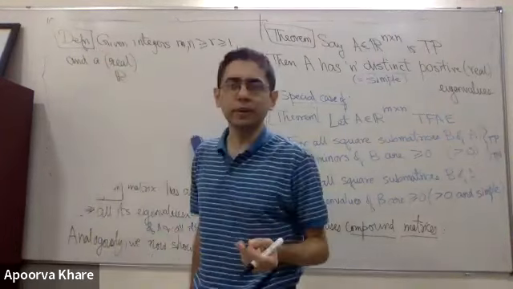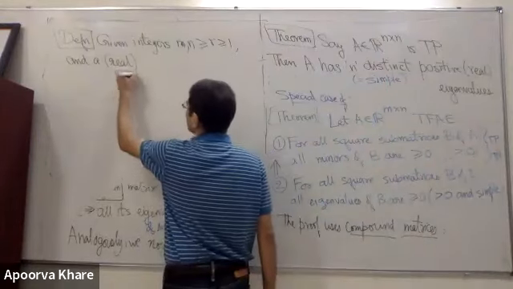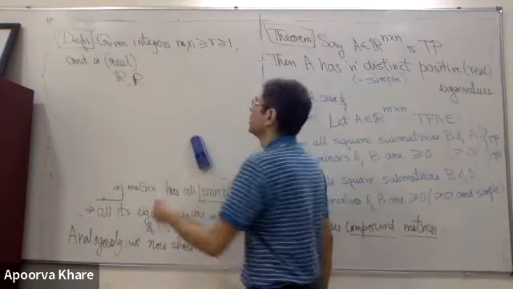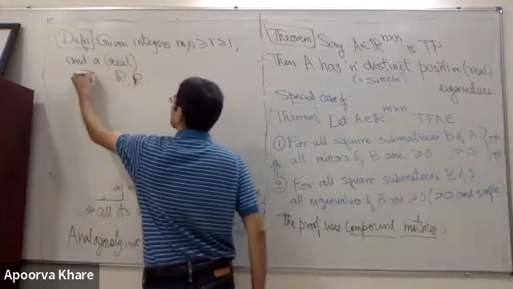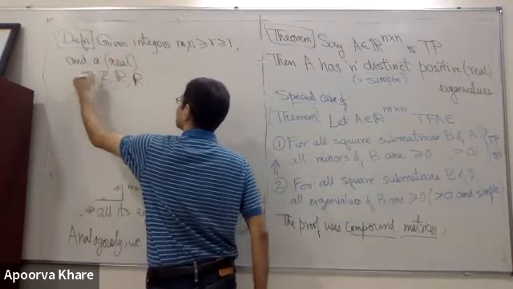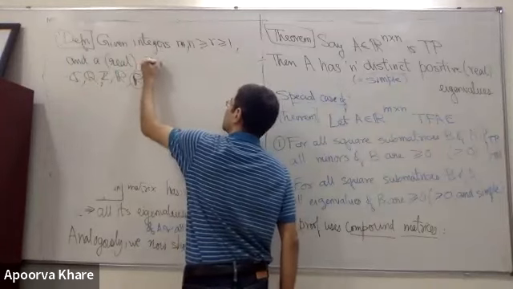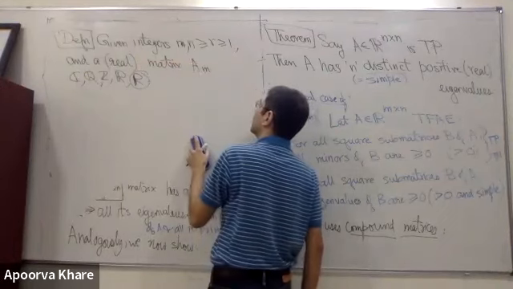You can also take them to be complex, rational, or integers, any commutative ring with unit. So you could take Q, integers, complex numbers, whatever you want. And a real matrix A, m cross n.